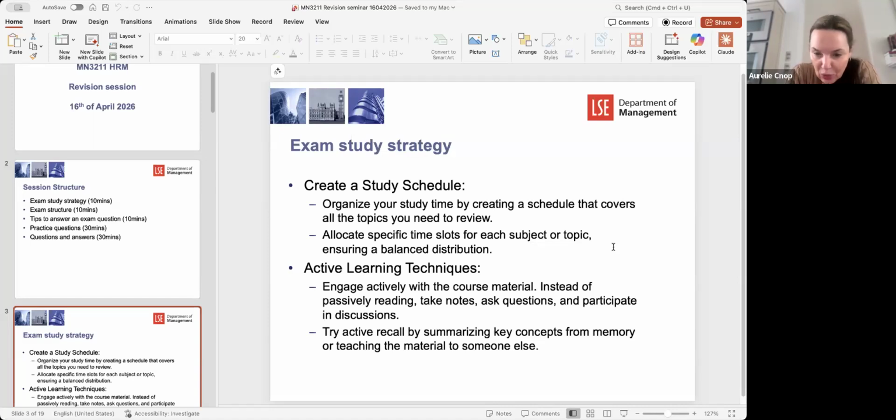Try to actively recall, right, by summarizing key concepts from memory. What you want to do is to be able to explain the key concept in your own words, right? It might be based on the course content, but to make sure that you will, at the exam, be able to have a smooth answer, you should also have a version of each concept or each framework in your own words or reframed in your own understanding.